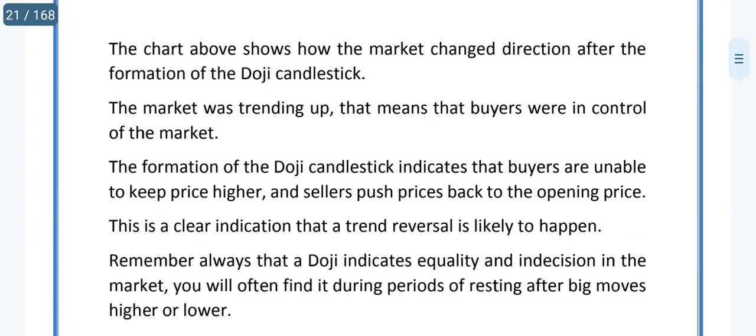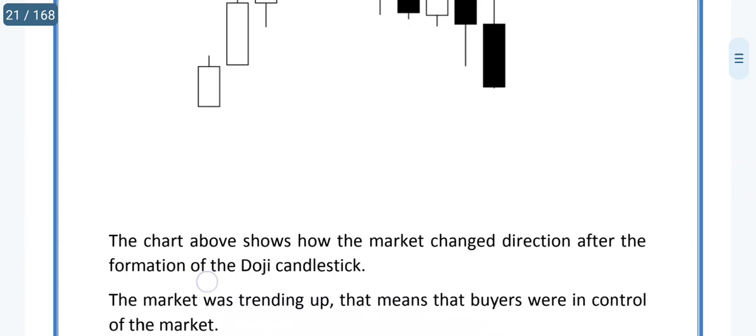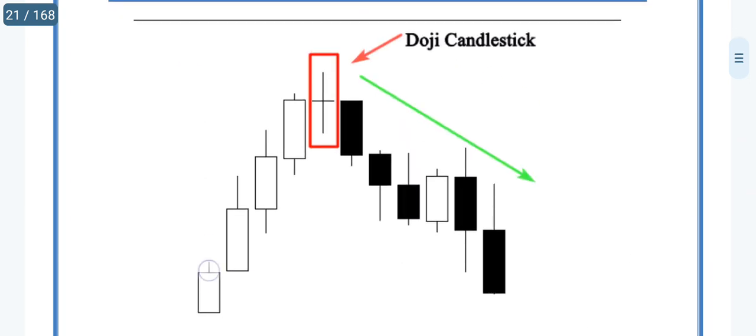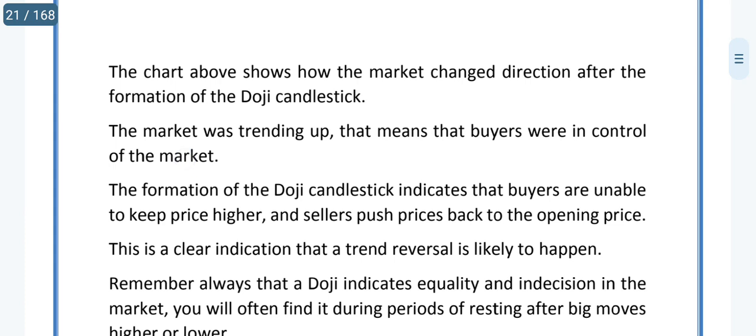The chart above shows how the market changed direction after the formation of a doji candlestick. The market was trending up, as you can see. That means the buyers were in control of the market.